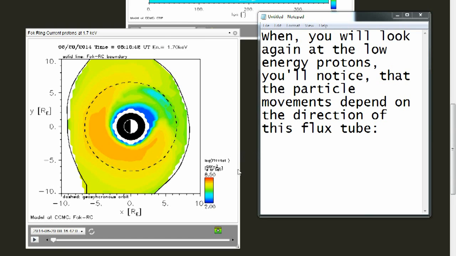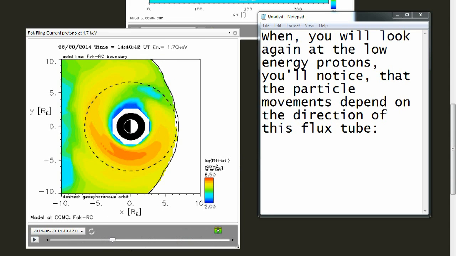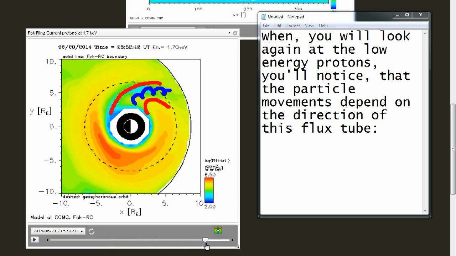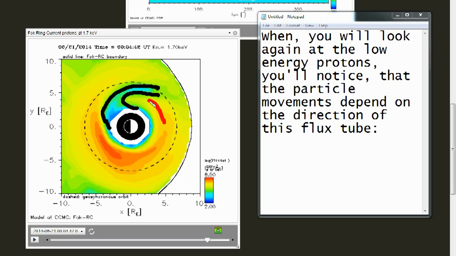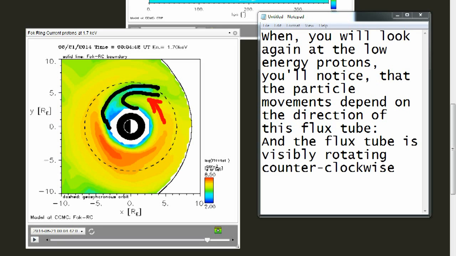When you look again at the low energy protons, you will notice that the particle movements depend on the direction of this flux tube. And the flux tube is visibly rotating counterclockwise.